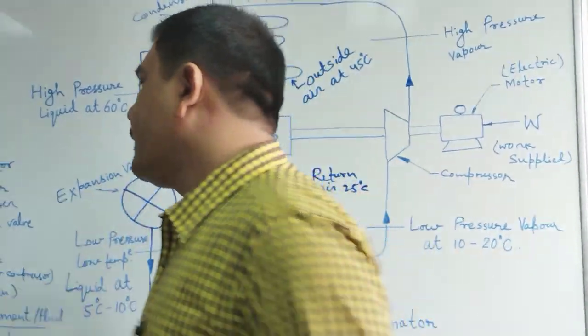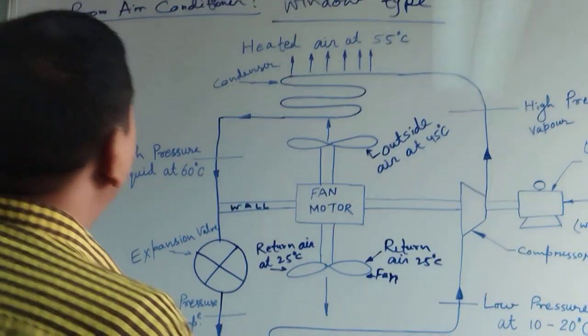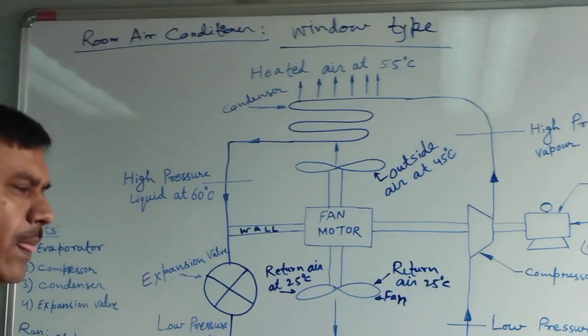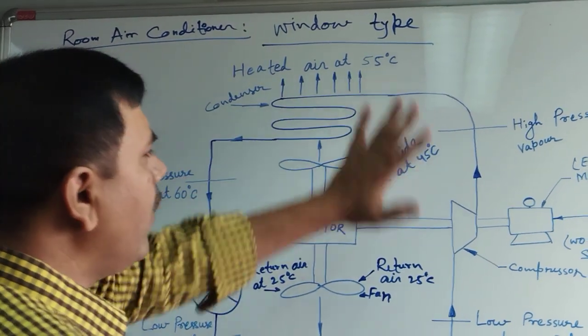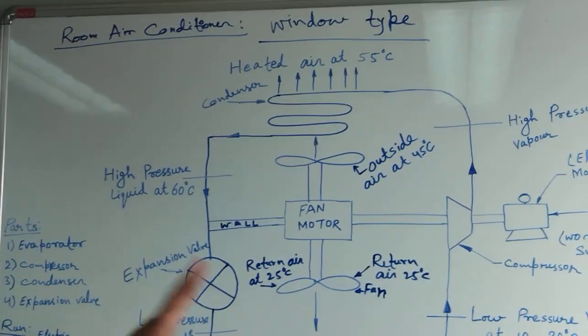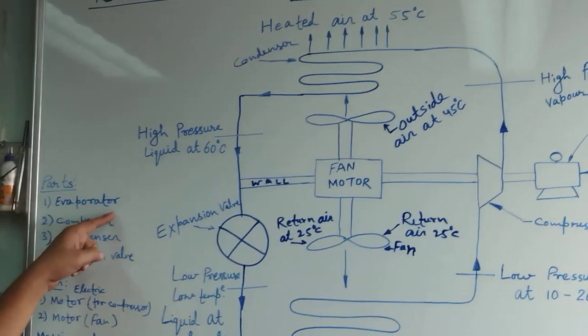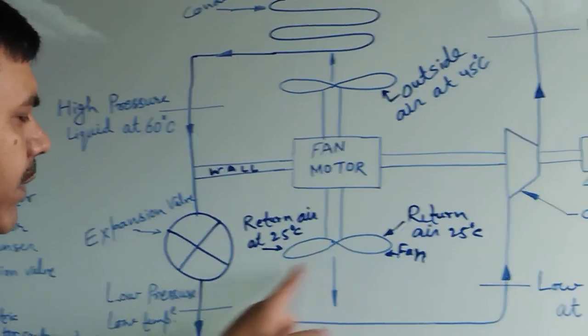Now we go to the working principle of the window type air conditioner. First, there are four parts. Mainly, there are four parts, which are named the evaporator. This is the evaporator region.